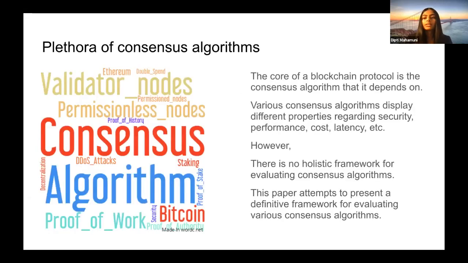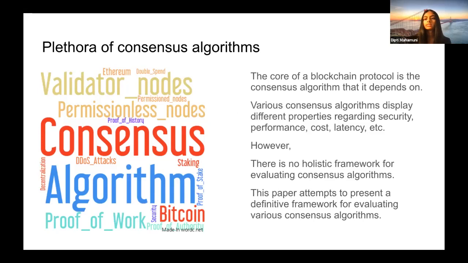So to begin with, the core of a blockchain protocol is a consensus algorithm that it depends on. And there's a plethora of these consensus algorithms. Each of these consensus algorithms behaves differently regarding different evaluation criteria.